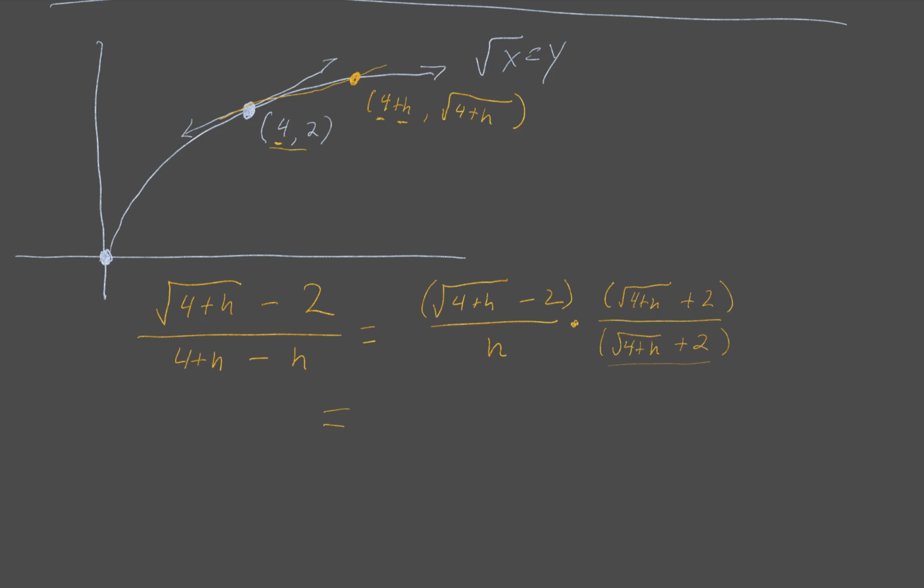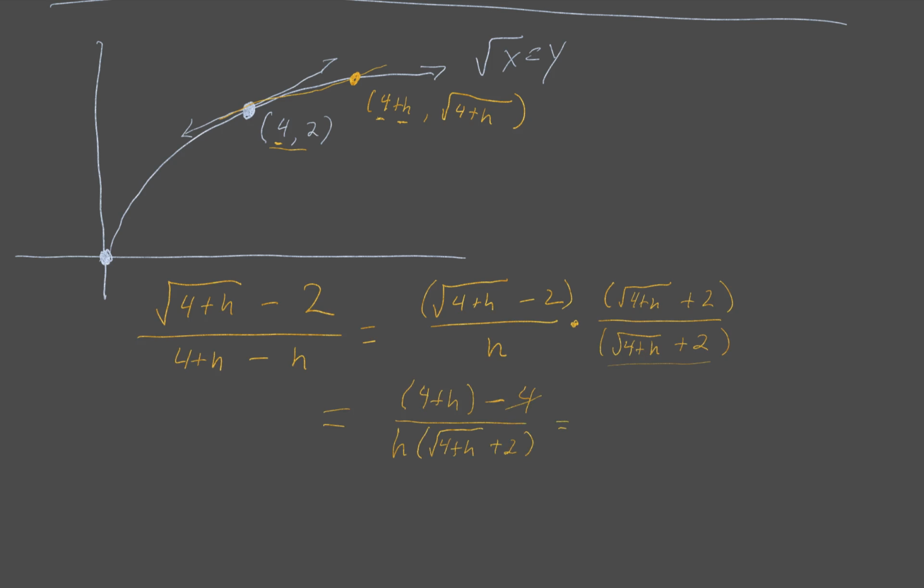So the difference of squares on top turns into, well, the square root of 4 plus h squared is just 4 plus h, and then I have to square 2 as well, so I take away 4. I have h over h times the square root of 4 plus h, and then I've got a plus 2 down here.